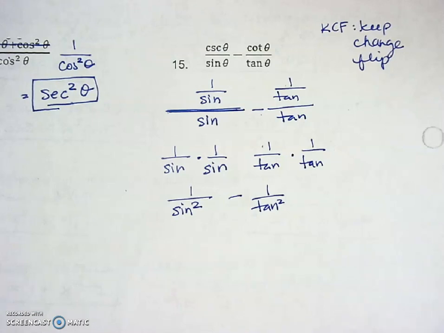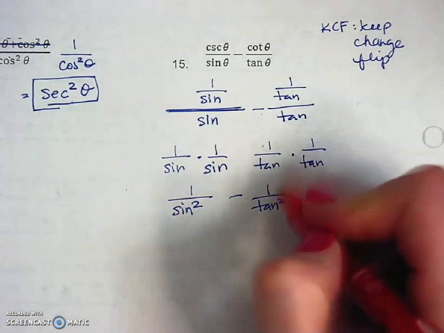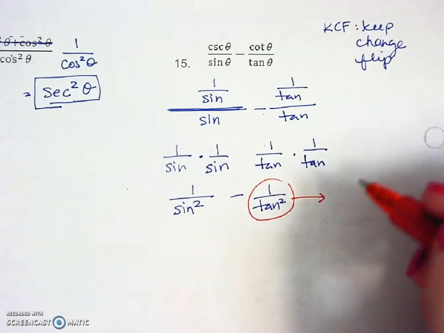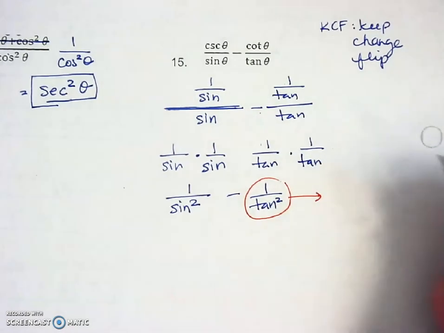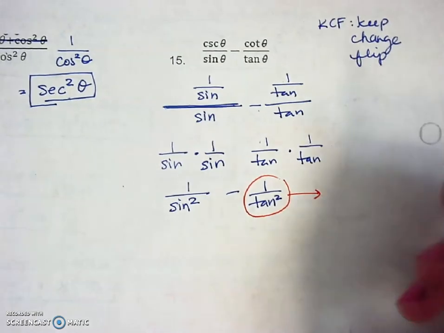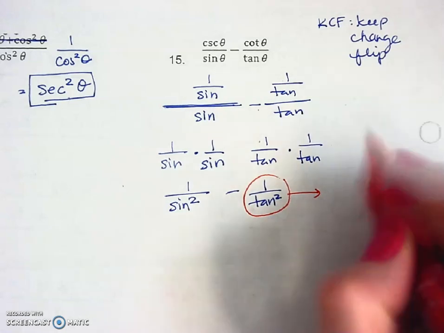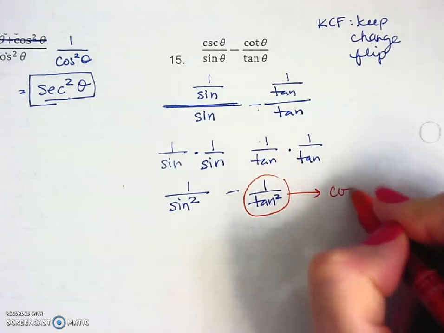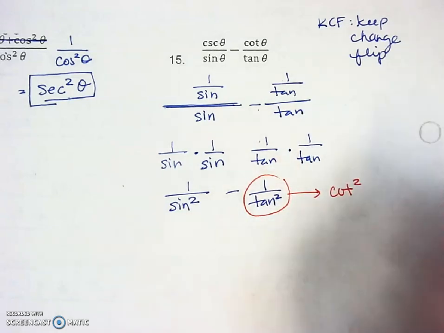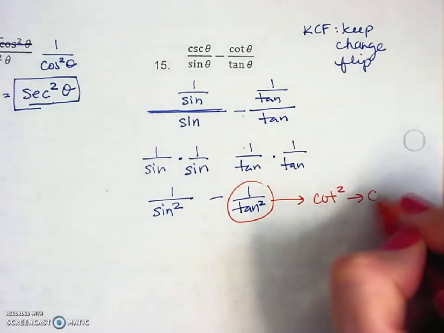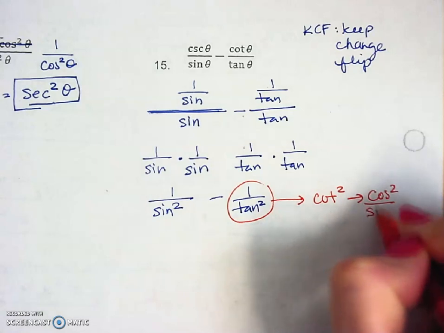Here's just one way. What I'm going to do is take this right here and go on this little side quest for just a second, a tangent as it were. And I'm going to remember that 1 over tangent squared is the same as cotangent squared, which is the same as cosine squared over sine squared.